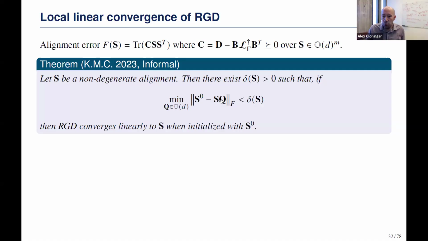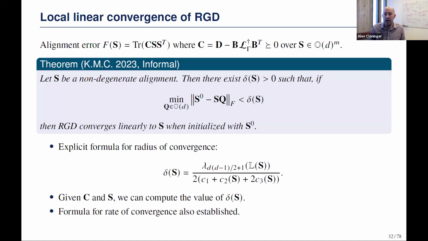If it is not too far from the global minimum, then we can prove Riemannian gradient descent converges linearly to the global minimum. So if we've started in the well of the global minimum, we will converge linearly with Riemannian gradient descent. And we can characterize exactly what the radius is. It's in terms of a lot of constants that I don't feel like getting into right now, but you can characterize how big that well is going to be.